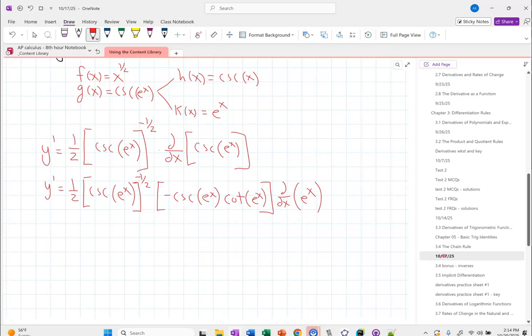Ava, you said what? Where did I lose you at? I just feel like it's really long. Yeah, no, it's going to be. You should see some of the ones I've made up for this worksheet that I'm going to give you guys later this week. So you're plugging e to the x into both of the x's? Right. So the derivative of this is negative cosecant x cotangent x.